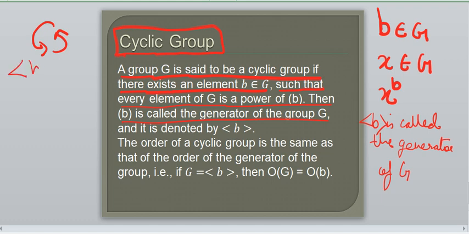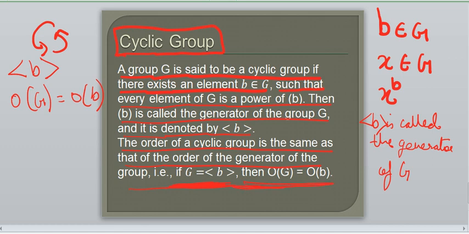The order of a cyclic group is the same as the order of the generator B. That means the order of G is equal to the order of B. Here G is equal to the generator, then order of G is equal to order of B.